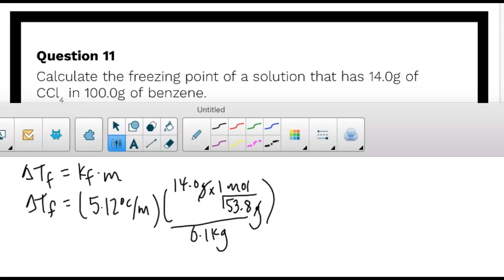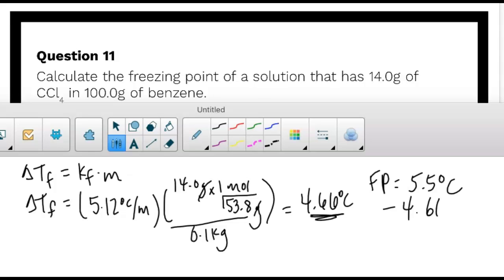So that's moles per kilogram, and when you solve, you're going to get a temperature change, and it's going to be 4.66. So what that means is that the temperature is going to drop by that much. If you look at the freezing point of benzene, it is 5.5 degrees Celsius. So that's pure solvent. We throw in carbon tetrachloride, it's going to drop, because that's what happens when you add solute.